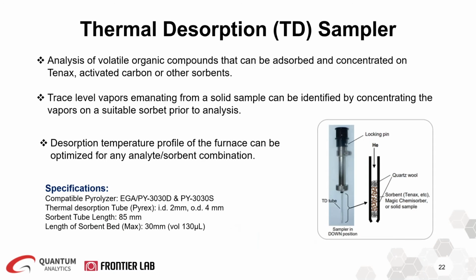The micro thermal desorption sampler is used when volatile compounds can be adsorbed or concentrated on a sorbent. The sorbent tube is attached to the sampler. The sampler is then fed to the multi-shot pyrolyzer, and the sorbent tube is heated, which releases the compounds adsorbed on the sorbent surface.